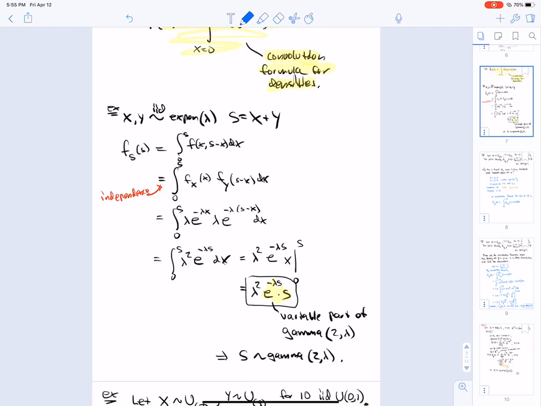Using the convolution formula, we can now use independence to split the joint density, then apply the formula for the density of the exponential, and perform the integration, and you get lambda squared s e to the minus lambda s. You recognize that s e to the minus lambda s is the variable part of a gamma 2, lambda. So s is gamma 2, lambda.